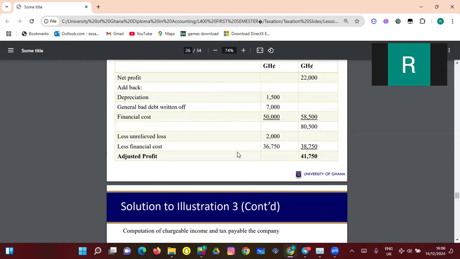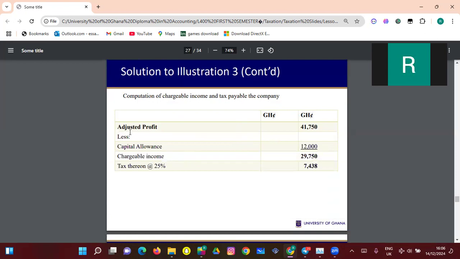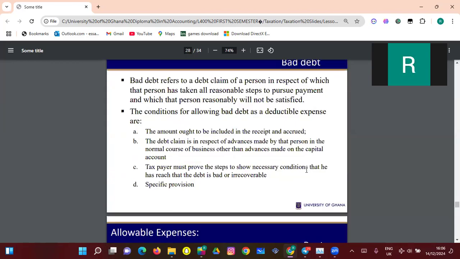So this will be our adjusted profit, right? So now we less our capital allowance, and then we get our chargeable income, then we apply our tax rates or tax percentage on it, and then we get our tax.